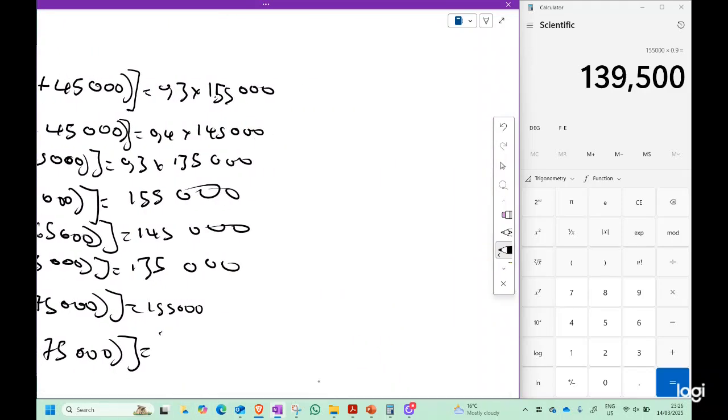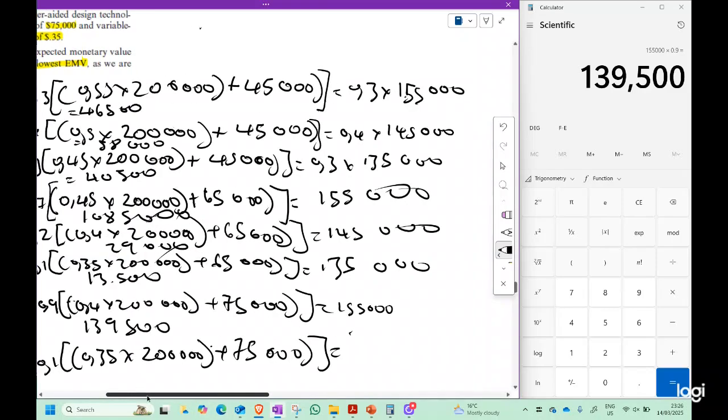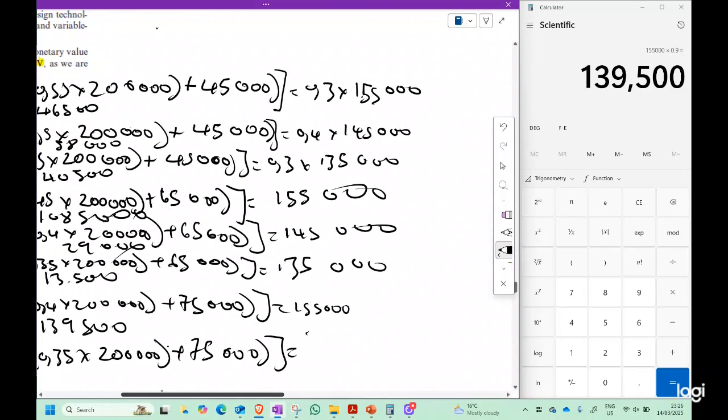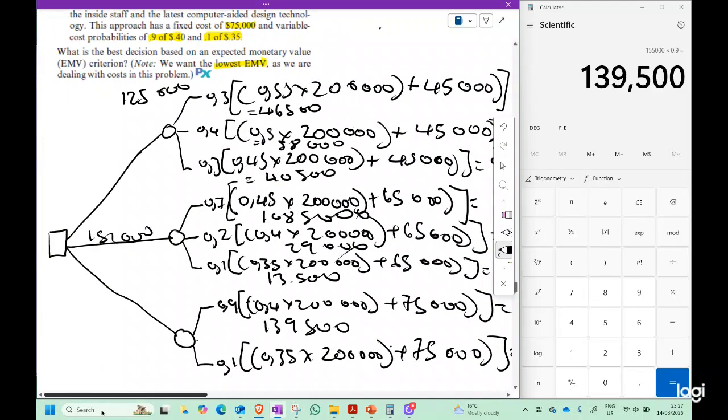Mind you, these are supposed to have multiply by 0.7, 0.2, 0.1, and 0.9. Whatever here, 0.1. Okay.